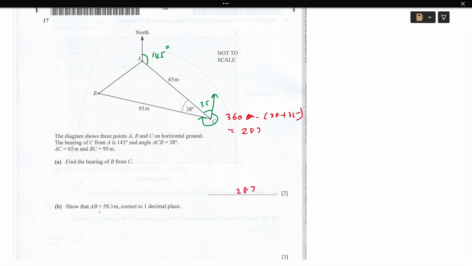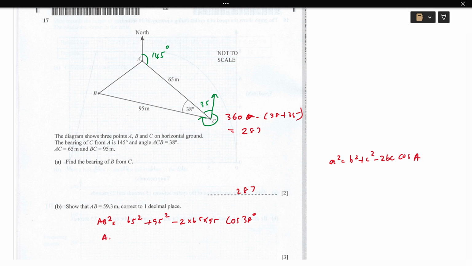We are going to use the cosine rule, which is AB squared equal to 65 squared plus 95 squared minus 2 into 65 times 95 into cos 38 degrees. You know this cosine rule, a squared equal to b squared plus c squared minus 2bc cos A, so I use that.